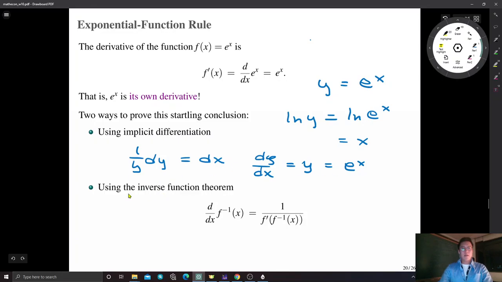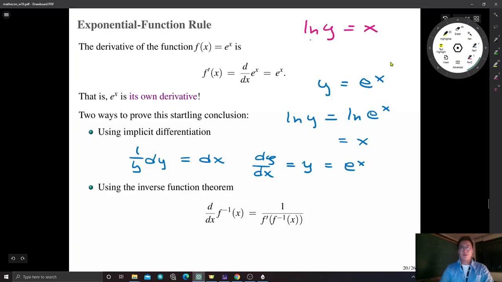Or we can use the inverse function theorem. If I start from this relation, y is given by e to the power x, then ln y is going to be x.